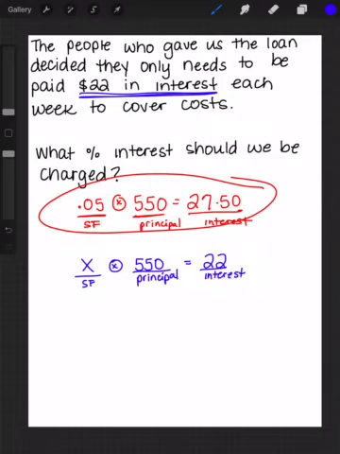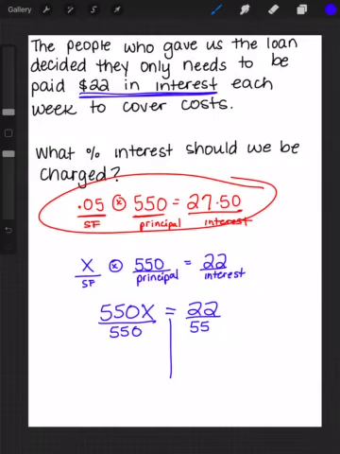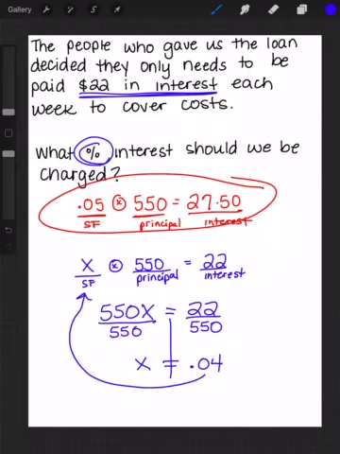So if I go to solve this, I have 550x on this side, 22 on this side, and then I just solve it. I divide both sides by 550, and I find out that x equals 0.04. Okay, so 0.04 is my scale factor, but if I want to know what percent, I need to change my decimal to a percent.